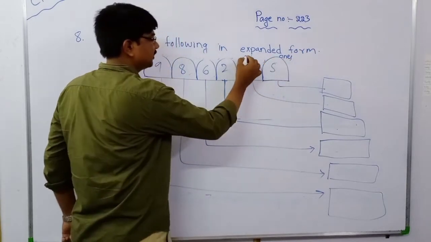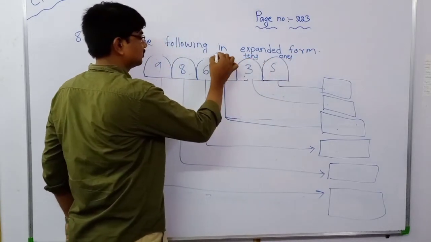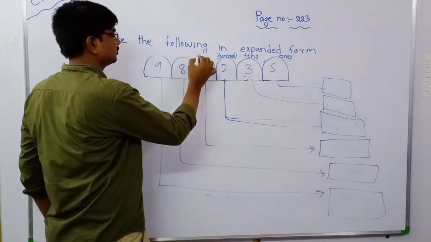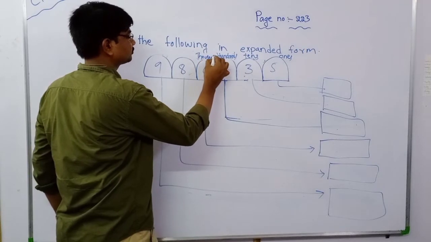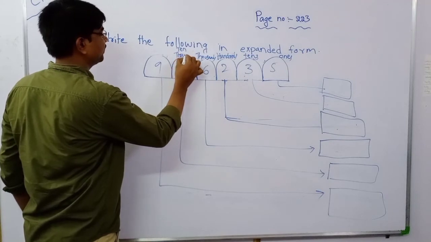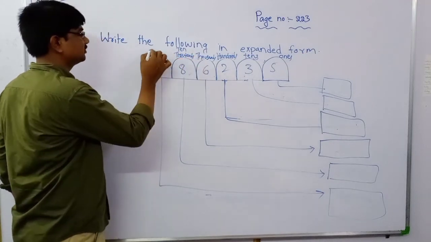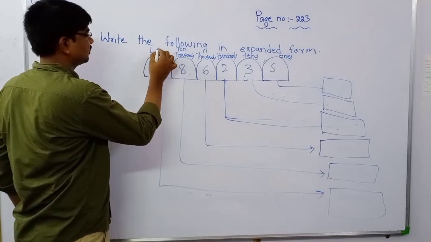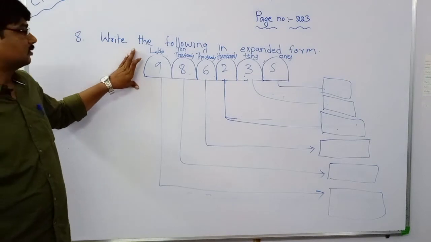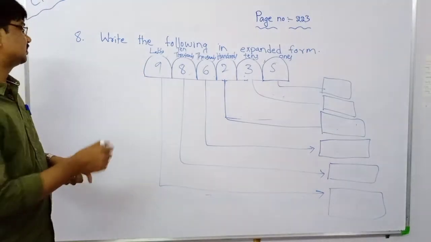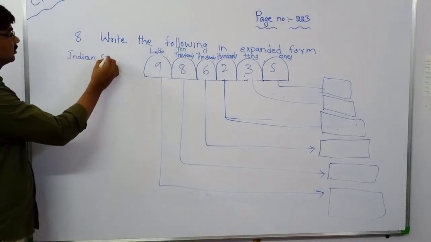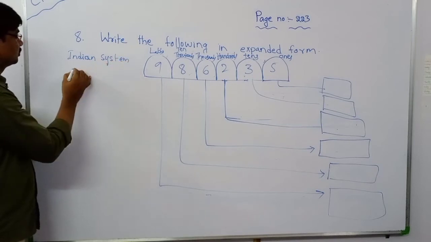Ones, next tens, next hundreds, next thousands, next 10,000s, next lakhs. This is the Indian system of numeration.